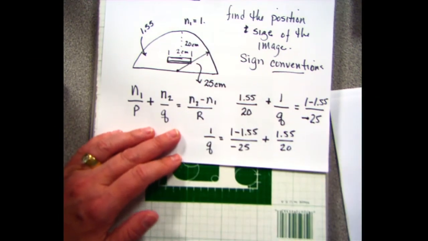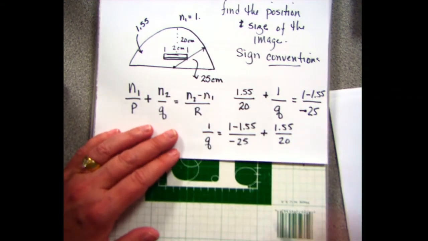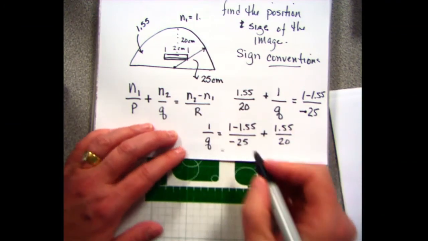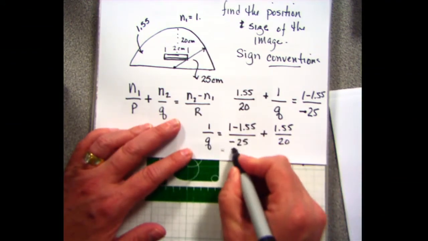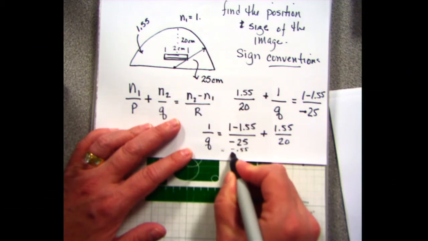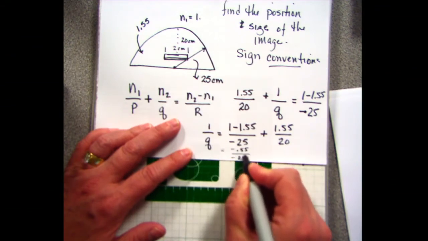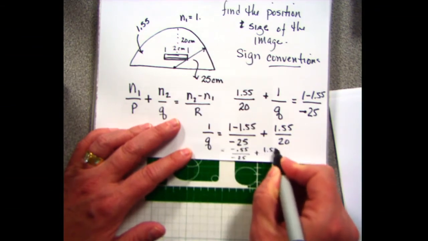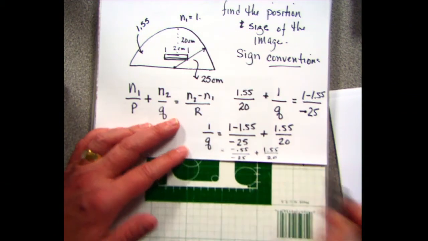So I'm going to just solve for Q here. This gives me negative 0.55 divided by a negative 25 plus 1.55 divided by 20.